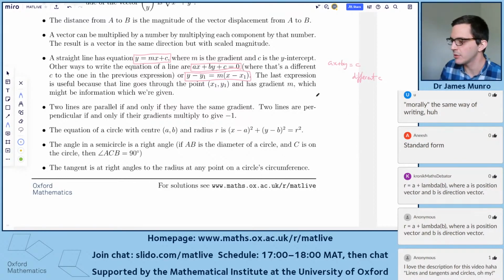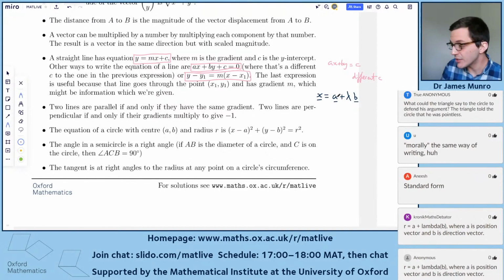So also, what am I going to write? I'm going to write vector x is equal to vector A plus lambda vector B. I think sometimes people write R for the position instead, but I can't really say that letter, so I'm using X. Vector A plus lambda vector B. That works nicely if these are all vectors.